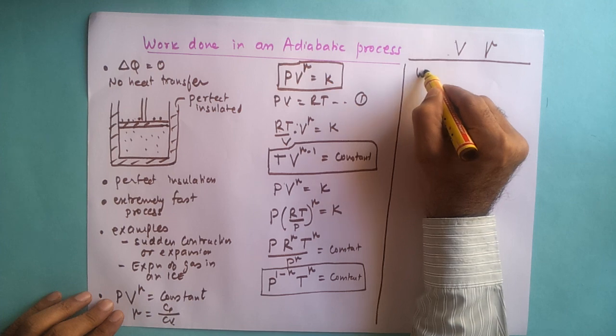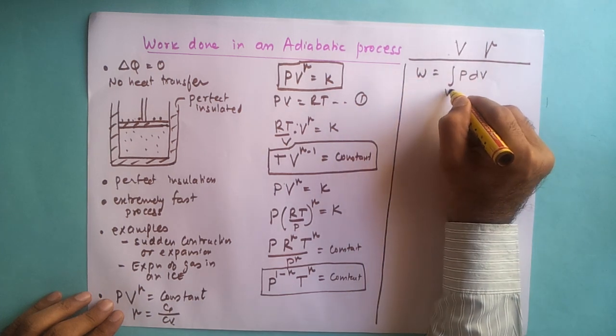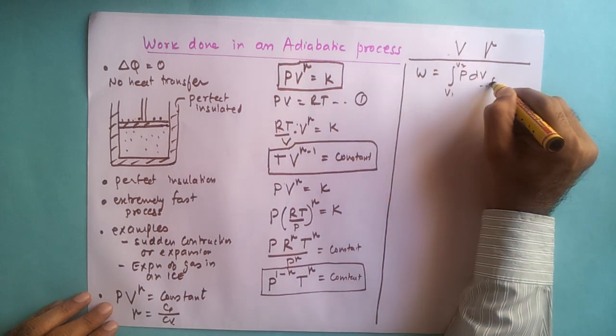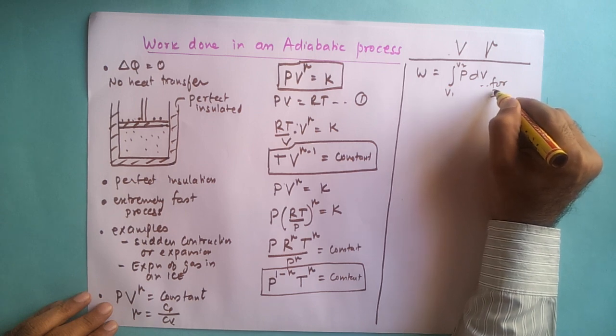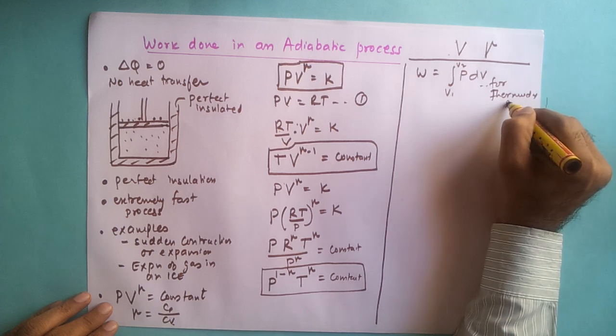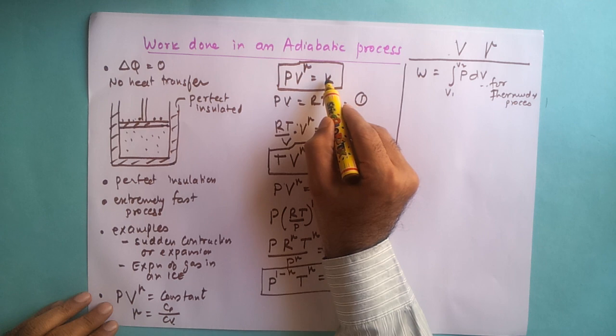So work done we know is integration of P dV from V1 to V2, for any thermodynamic process. Now PV raised to gamma is equal to some constant over here.